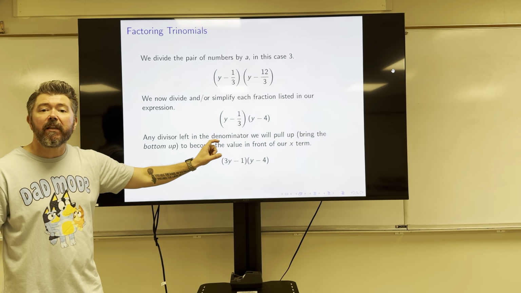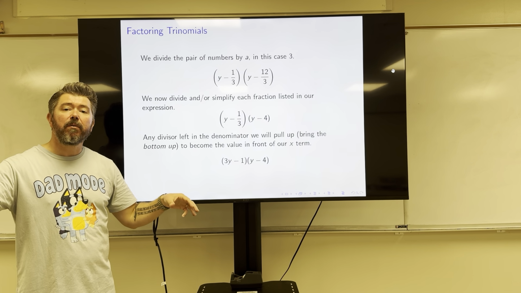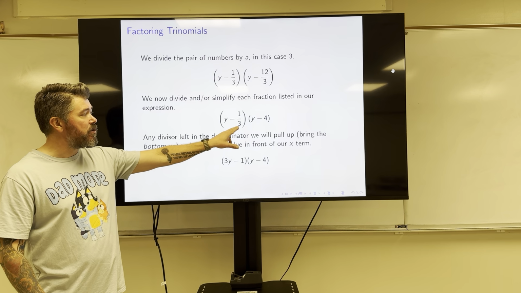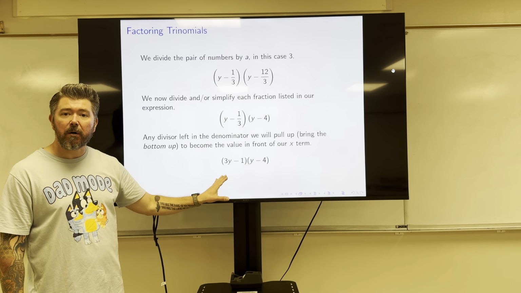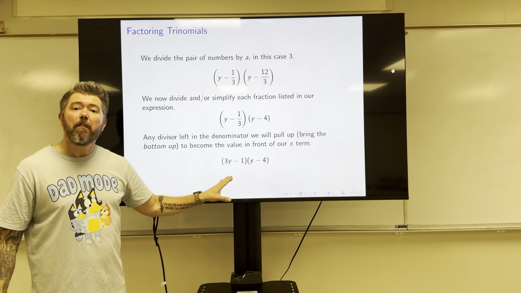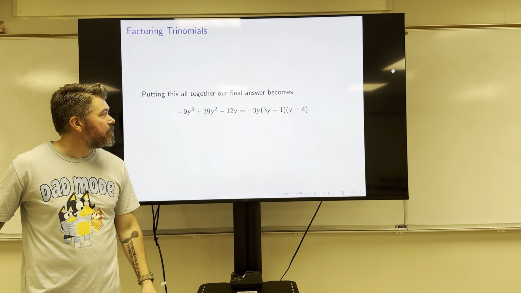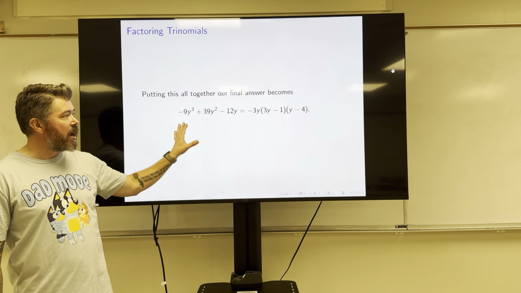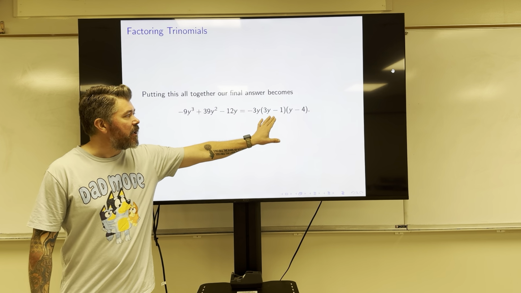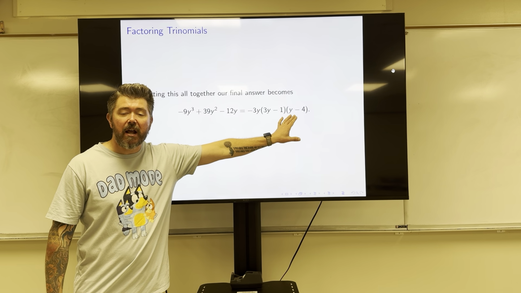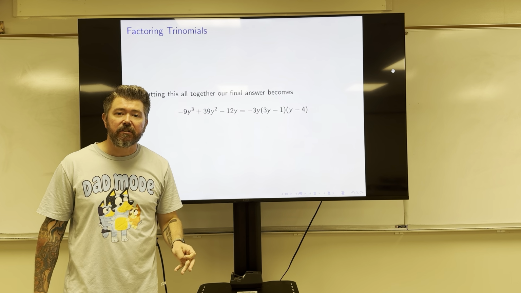And then anything left on the bottom, I'm going to bring up to the front. So I'm going to bring that up to the front, and here's my factored form of the trinomial. Putting this all together, this trinomial factors as my greatest common factor, and then my 2 binomials that I created from factoring my trinomial.